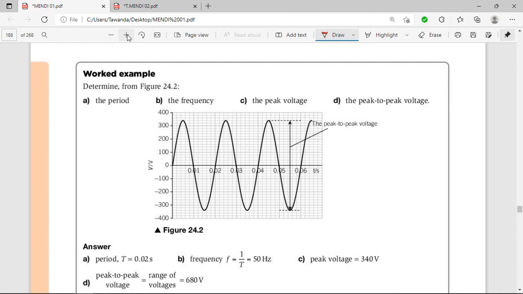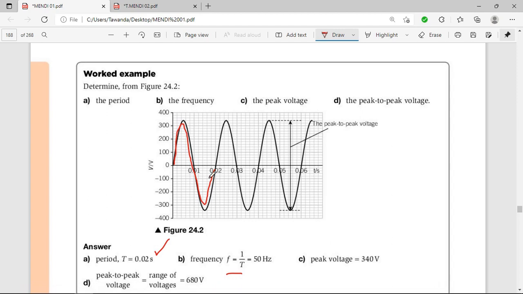As you can see, the period, that is the time taken for one complete oscillation, from here to here, is 0.02 seconds. Then the frequency from this formula is 1 over T, so it will be 1 over 0.02, which is 50 Hz.